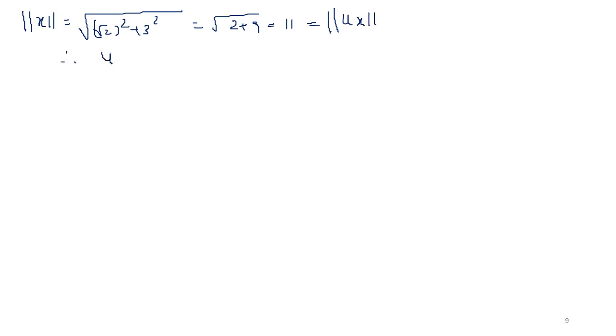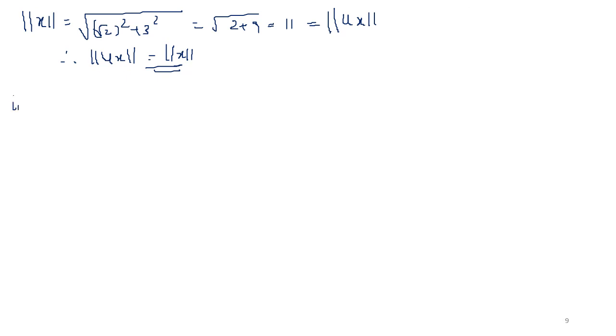X is equal to square root of 2 and 3. So the square root of 2 whole square plus 3 square, which is 2 plus 9, which is 11, which is nothing but the distance of Ux. Therefore, we can write the distance of Ux is equal to the distance of x. Hence verified, or hence proved.